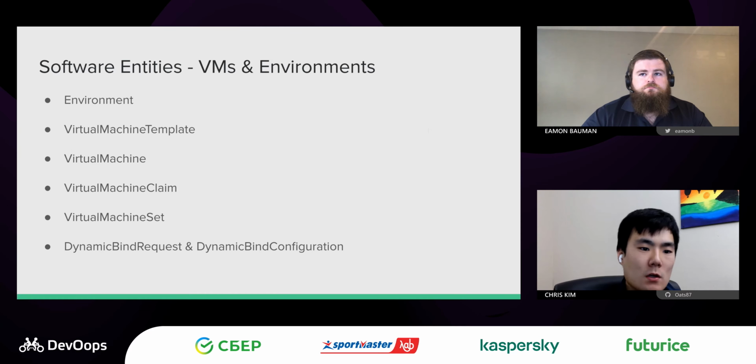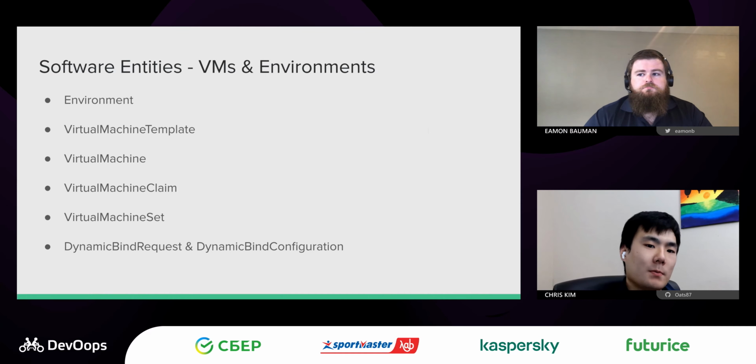The important thing to note here is that the dynamic bind request and the dynamic bind configuration are abstractions because, once again, we're working with any cloud, we needed to be able to define a set or type of VM that we wanted. And sometimes we had certain nuances with the various clouds.